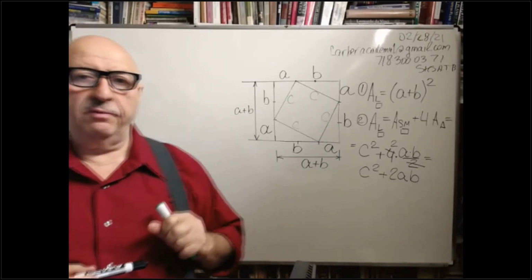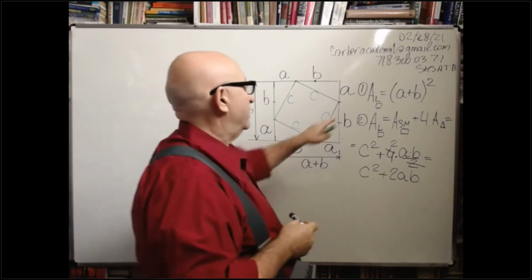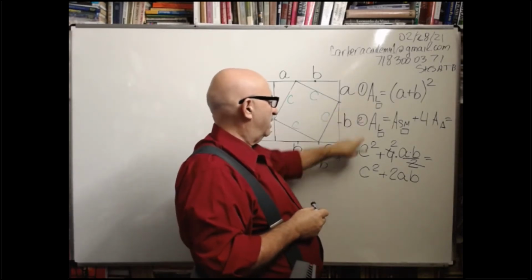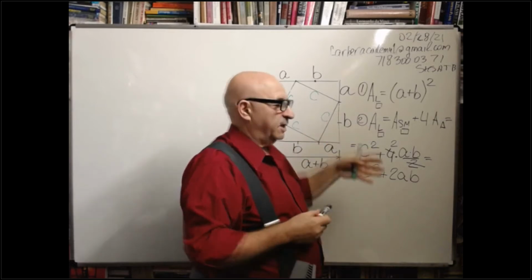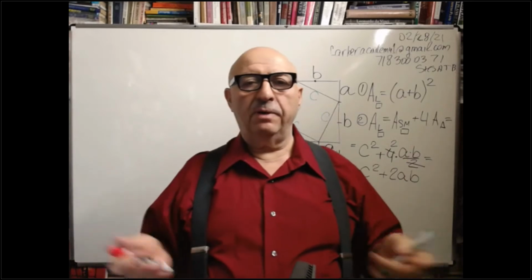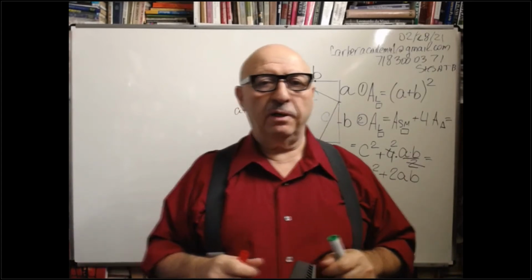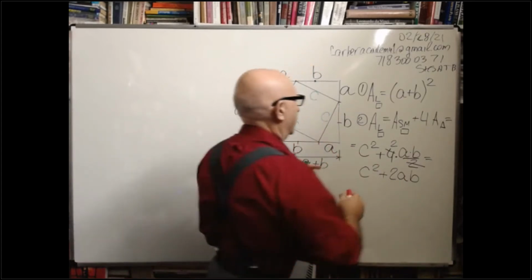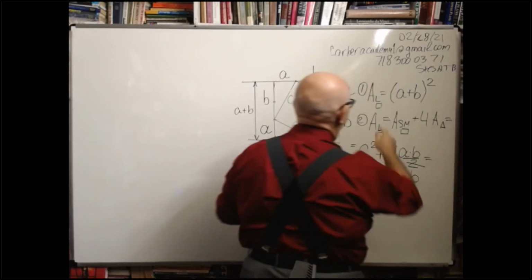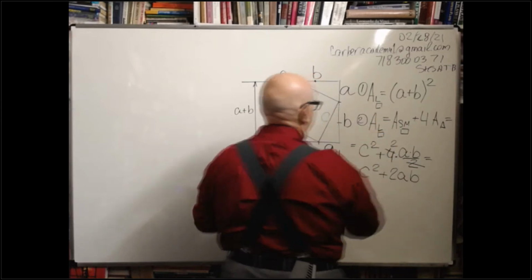If you don't have any question, look at this. This is the area of a large square, and this is the area of a large square. It's like in the previous problem with triangles, this is the same square. Area must be the same. I can make an equality. This piece equals this piece, because we're talking about the same large square.